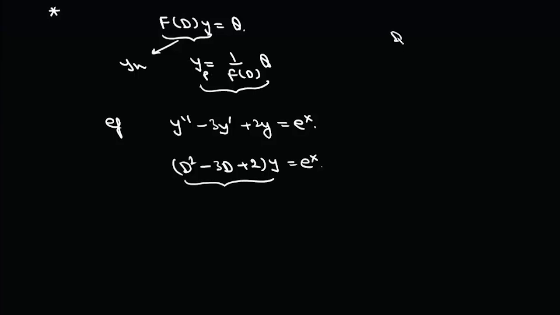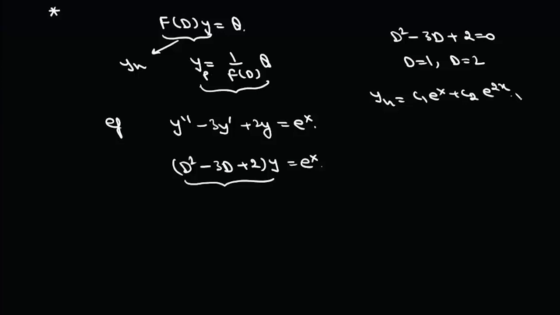homogeneous equation, and for that we'll write D square minus 3D plus 2 equals 0. So we get D as 1 and D as 2. So in this case YH will be simply c1 e to the power x plus c2 e to the power 2x.